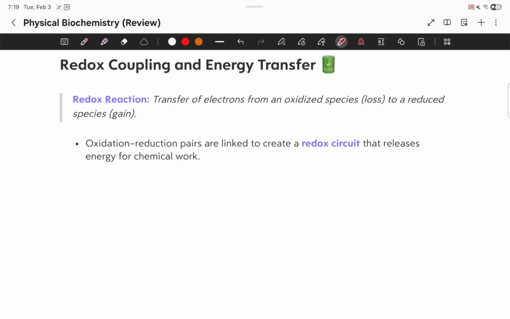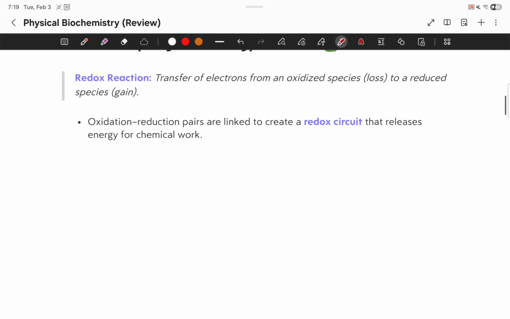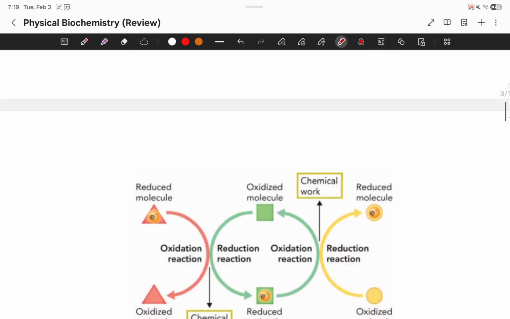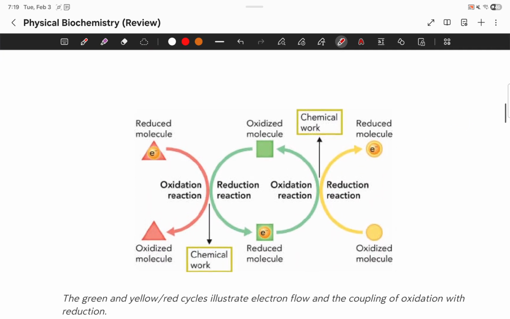Oxidation-reduction pairs are linked to create a redox circuit that releases energy for chemical work. When we say reduced, what we really mean is that we're gaining an electron. And when we say oxidized, what we mean is that we are losing an electron. Okay, just keep that straight.